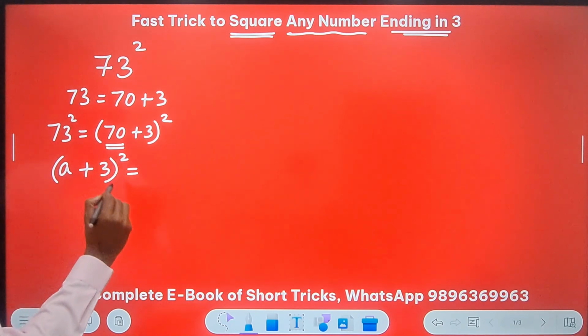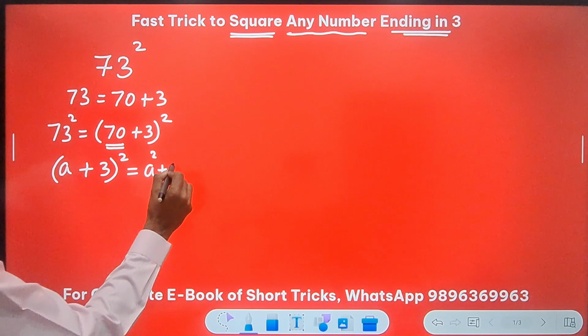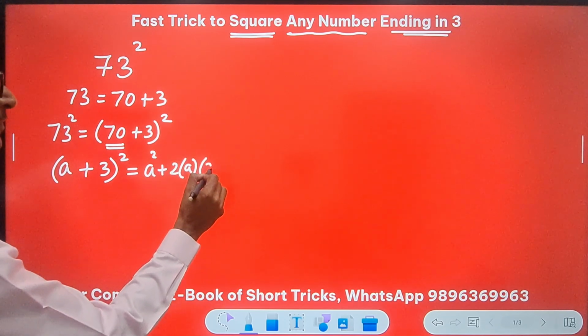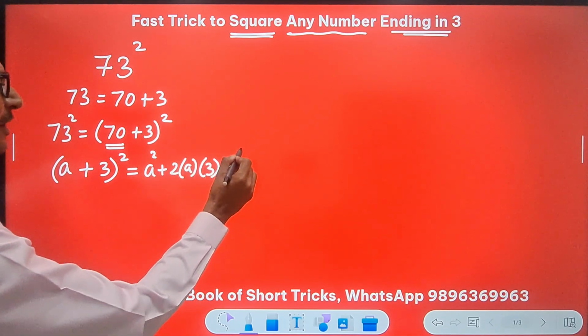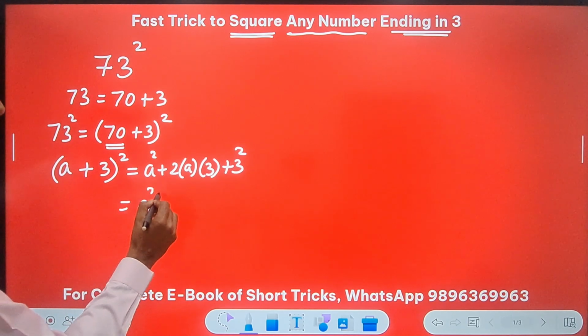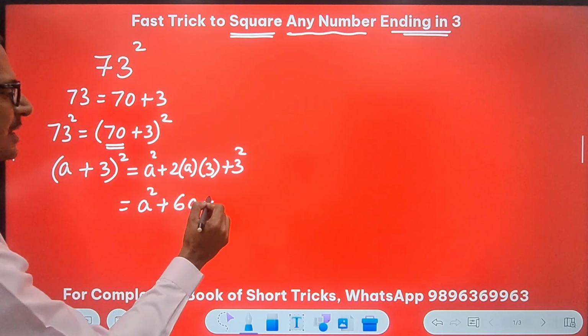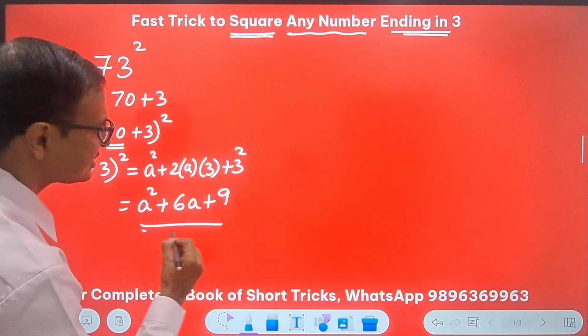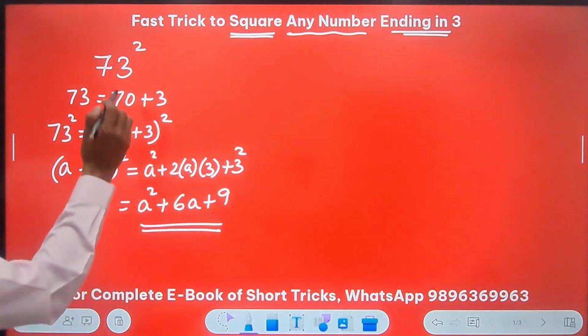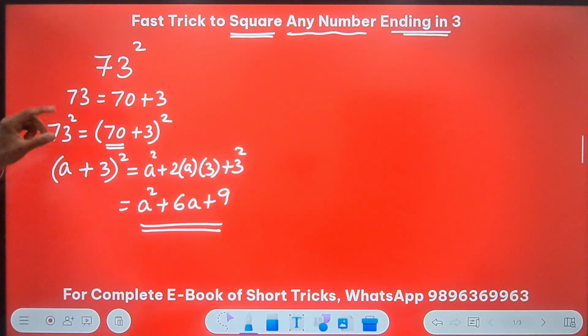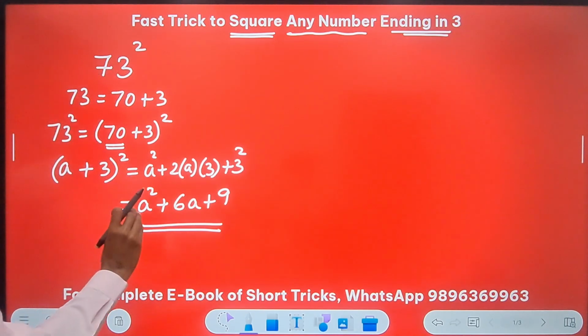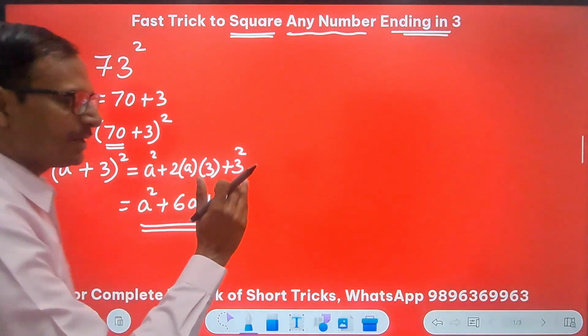So a plus 3 whole square will be a square plus twice of a times 3 plus 3 square, which is a square plus 6a plus 9. And this is the short trick which I am going to use for squaring the numbers ending in 3. A square plus 6a plus 9.